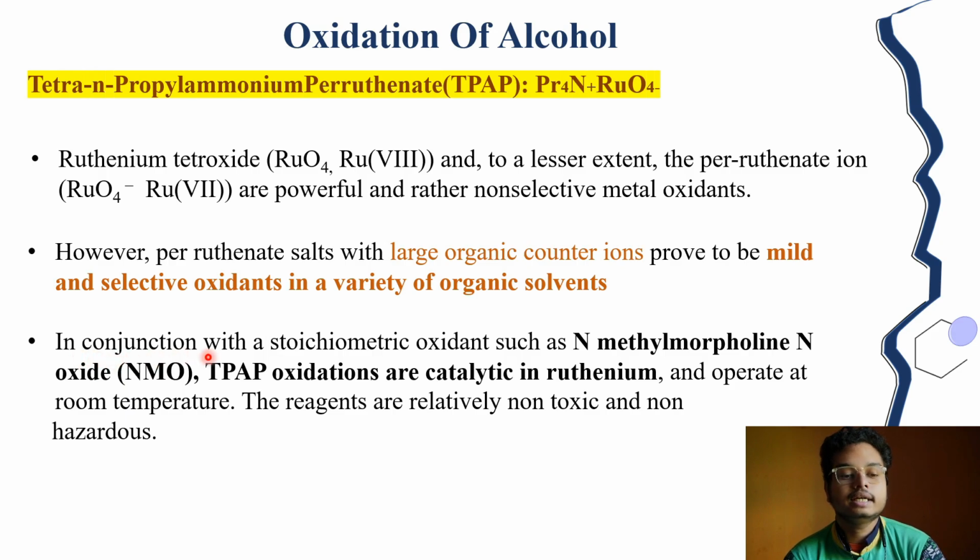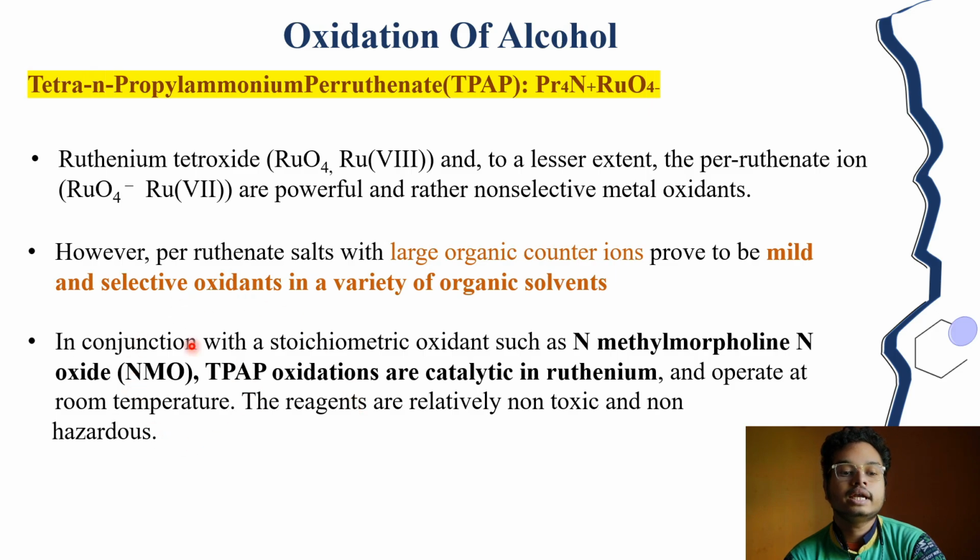Also, it is written here that in conjunction with a stoichiometric oxidant such as N-methylmorpholine N-oxide, the NMO that is also used with OsO4, TPAP oxidations are catalytic in ruthenium and operate at room temperature. If you remember the osmium tetroxide OsO4 based reaction where cis dihydroxylation occurs, there also NMO is used so that OsO4 can be used in a catalytic amount.